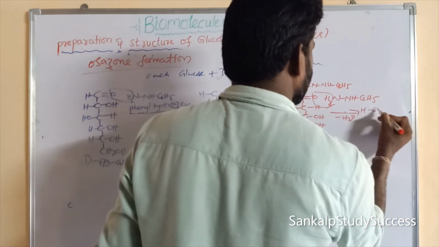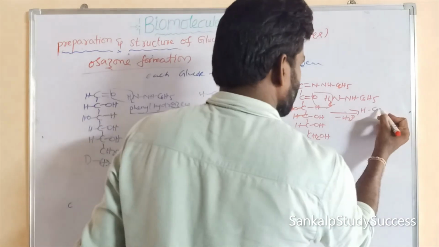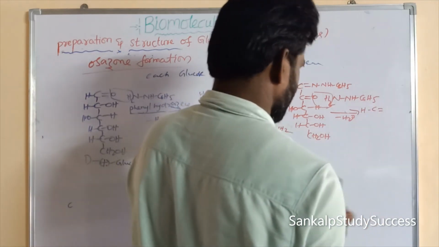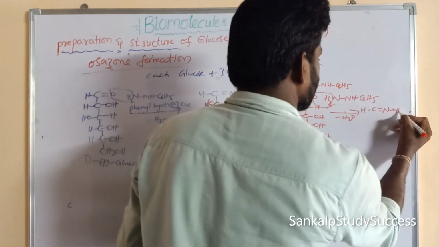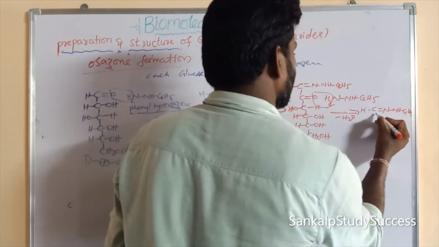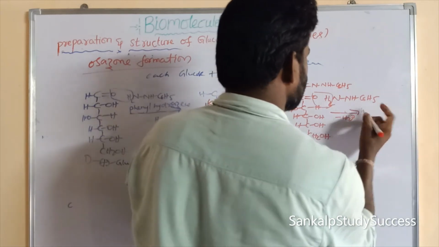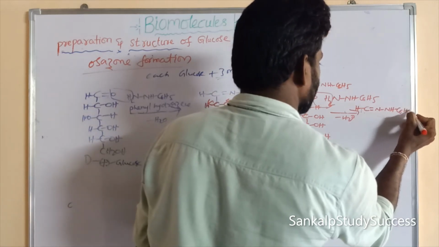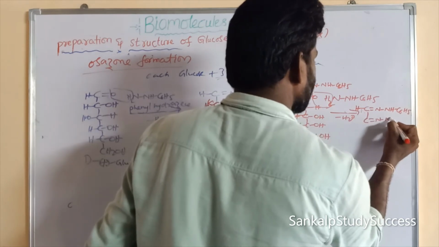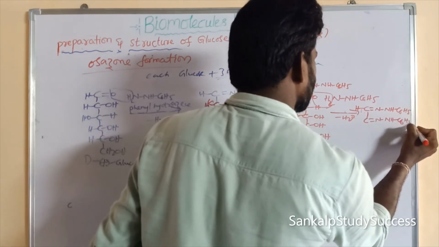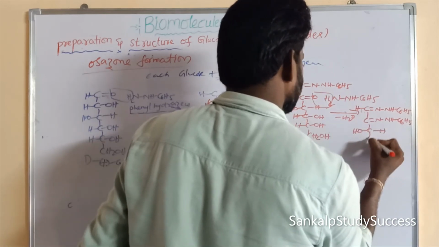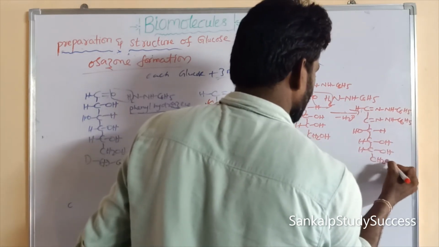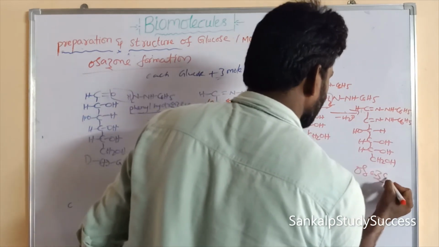CH=N-NH-C6H5, and again this is C=N-NH-C6H5, then CHOH, CHOH, CHOH, CH2OH. So this is said to be osazone.